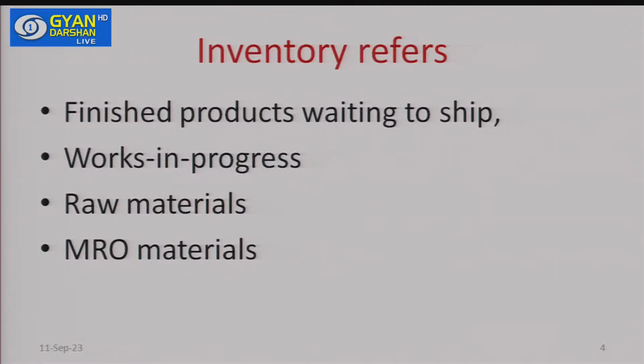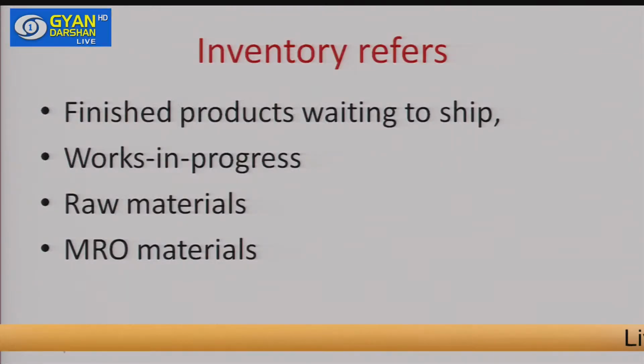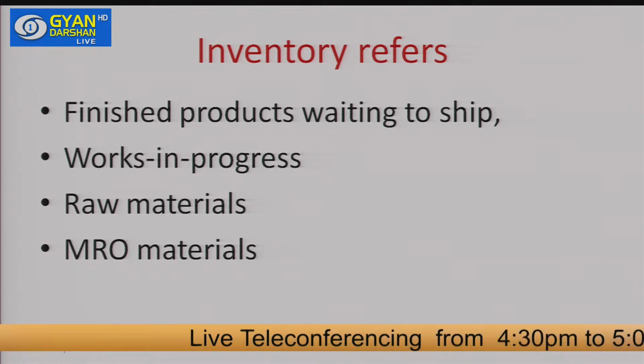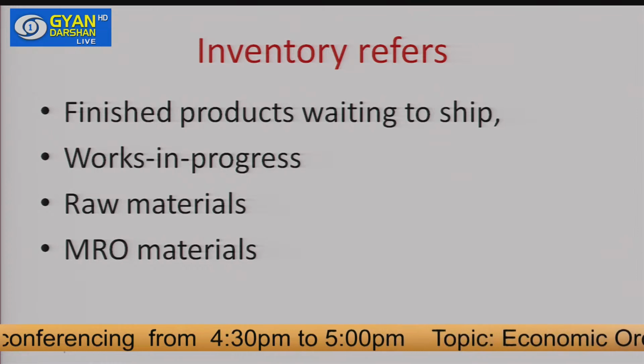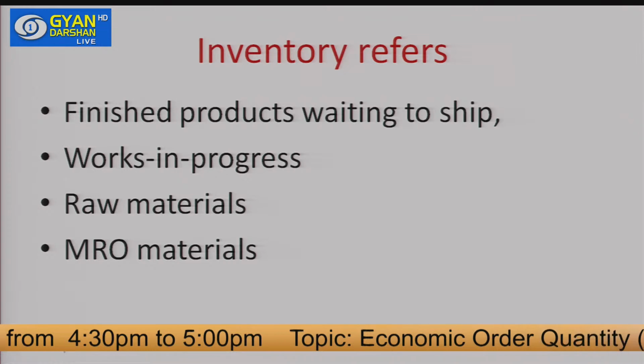First is your finished goods inventory, for which I have given the example of a 2-wheeler or 4-wheeler. Then work in progress or work in process inventory. That is the inventory which is not complete. The product or the component is not complete, but they are very essential.